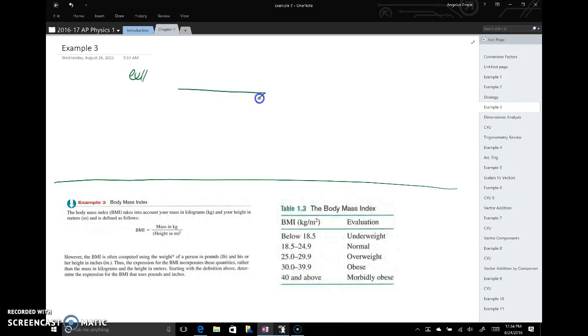Let's say that I have a square, and this square is 20 square centimeters, but I want to convert it to a different unit. I want to convert it to meters, or let's convert to millimeters. I want to know how many square millimeters this area is.